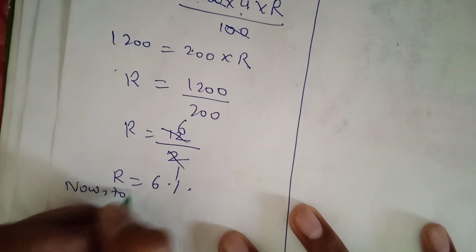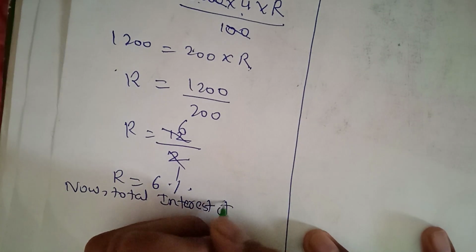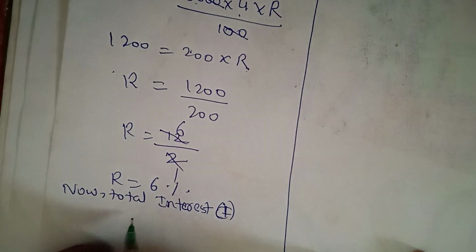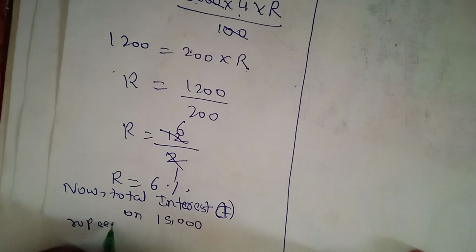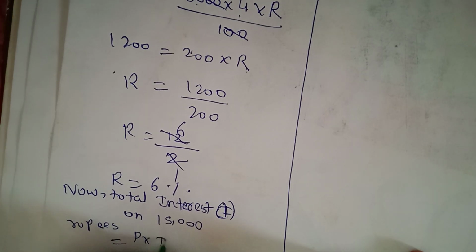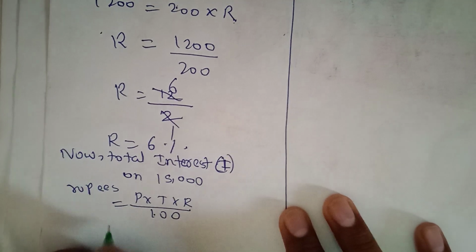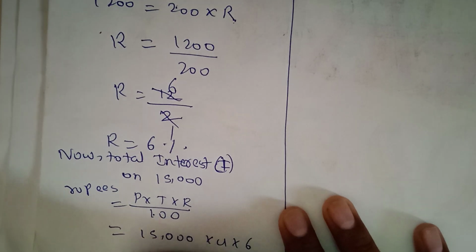Now we will find the total interest on the same rate of interest. We got the rate of interest, so on this we have to find the interest on 15,000 rupees. So P into T into R upon 100 is equal to 15000 into 4 into 6 upon 100. So we get the answer as 150 into 4.